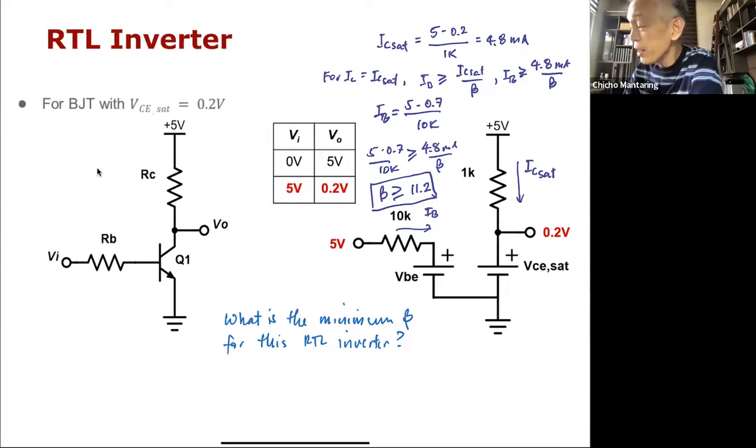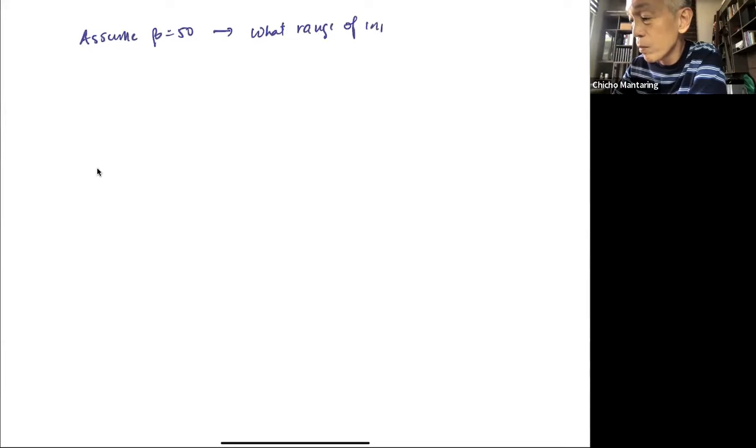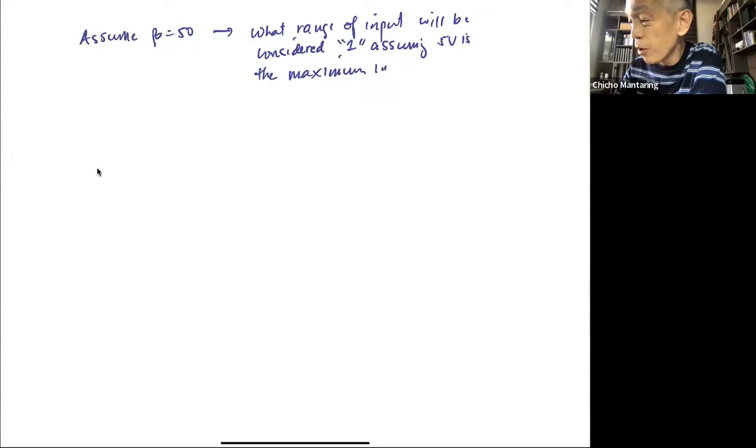Okay, maybe another interesting question, ano? So let's assume beta is equal to 50, no? So what range of input will be considered a logic level 1, also assuming 5 volts is the maximum input voltage.